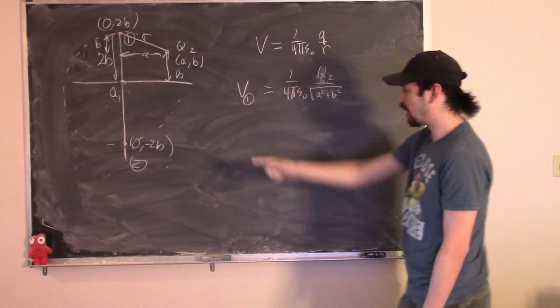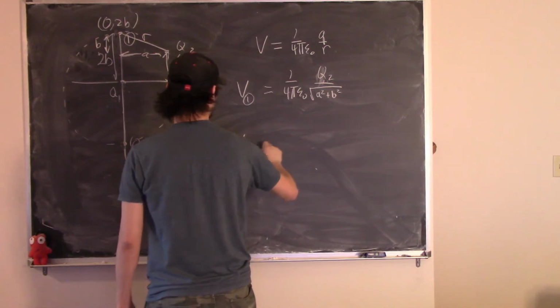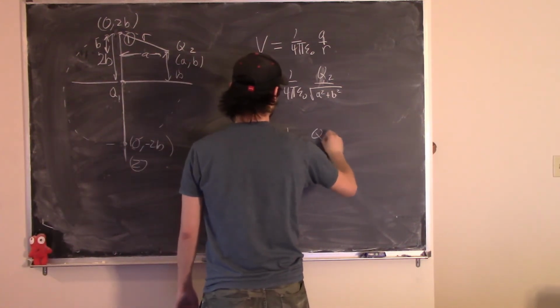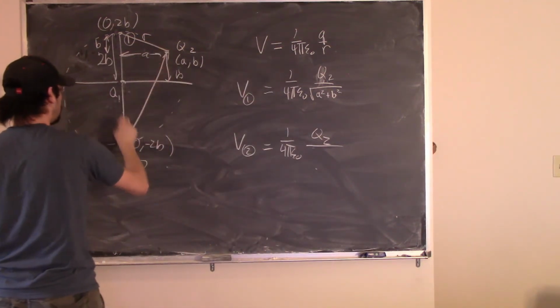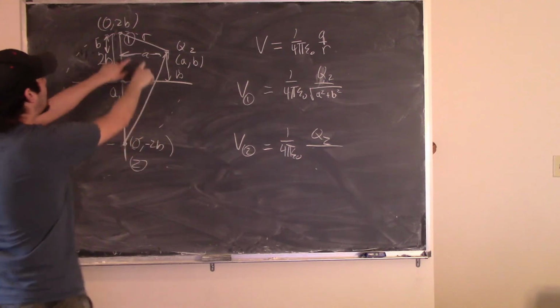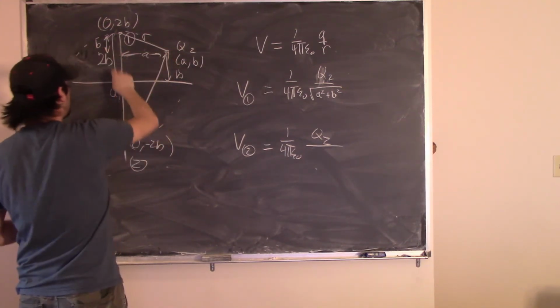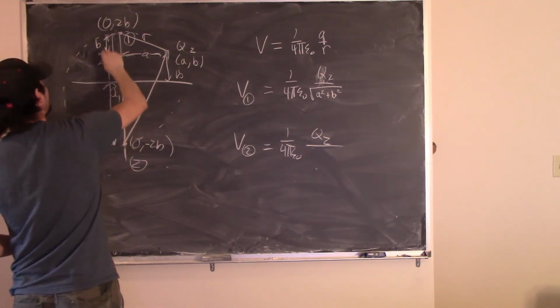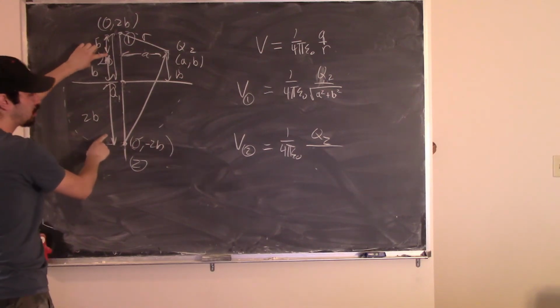Now let's look at point 2. So V2 is going to be equal to 1 over 4 pi epsilon naught Q2 divided by this distance. Again, this distance here is just the distance A, but this distance now is the distance 2B, and this is the distance B. And so the total distance here is going to be 3B.